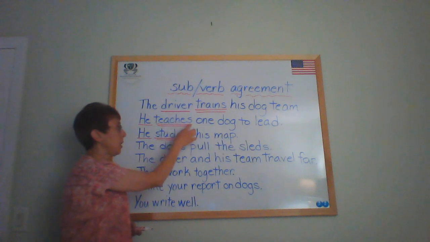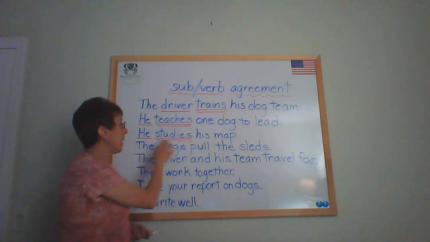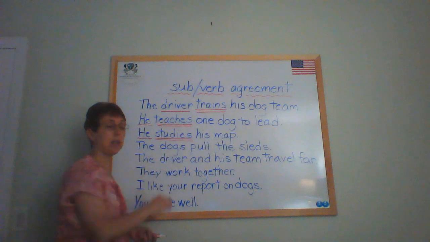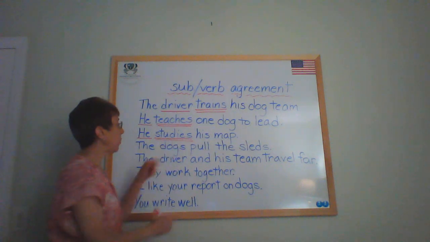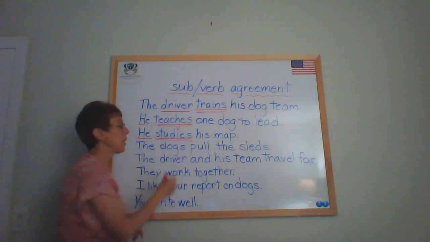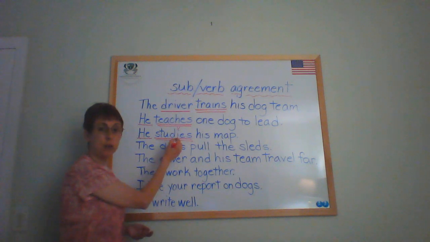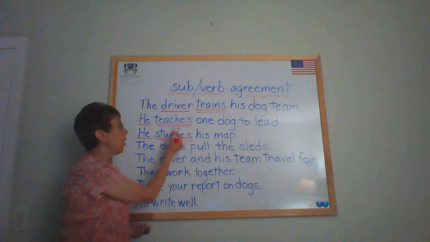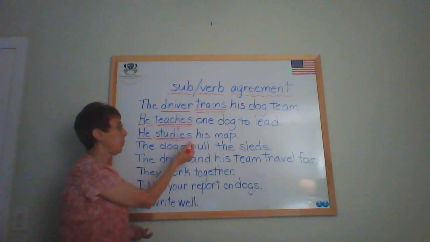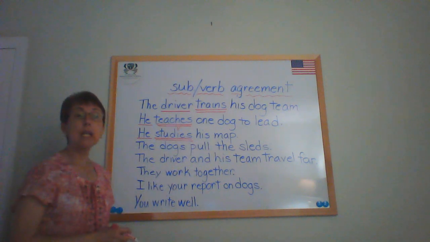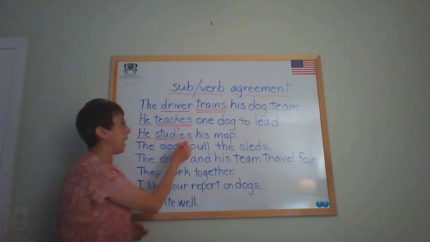So it's teaches with an ES. And then he studies. Well, this also has an ES, but you do know that the word study would be STUDY. But because there's a consonant, a letter that's not a vowel before the Y, we must change that Y to an I and we add ES. And so it's he studies, and that's IES.